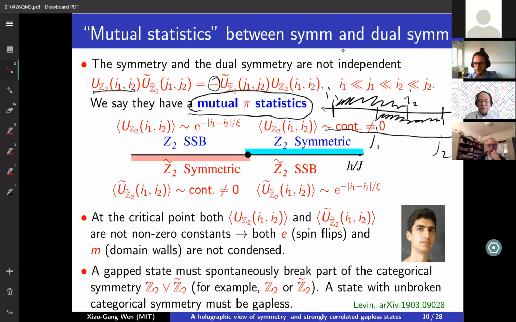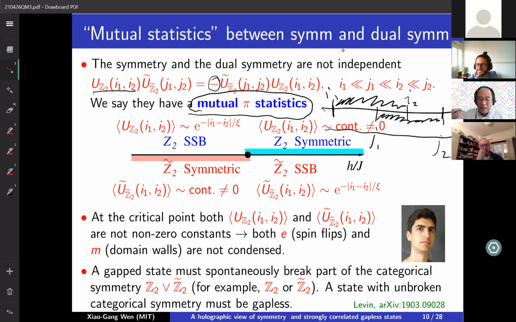Now we see that this gapless state may be related to symmetry with the mutual statistics. Maybe this is a general feature. Maybe every gapless state has this feature. Then this kind of symmetry with the non-trivial mutual statistics can be used as a label, or maybe to classify the gapless states. That may not be true, but at the moment we don't have anything, so anything will be good.